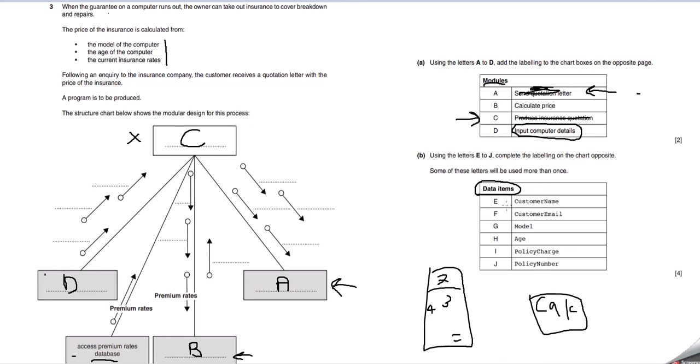Do we need customer name? No, we don't. It's got nothing to do with a computer. Email? No, we don't. Do we need the model of a computer? Well, yeah, it says it here. The calculation is a model of a computer, so I'm going to put the letter G down. What about the age of a computer? Yes, because it says it here. Age.